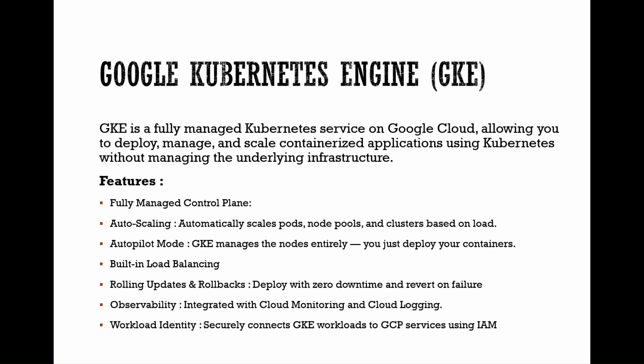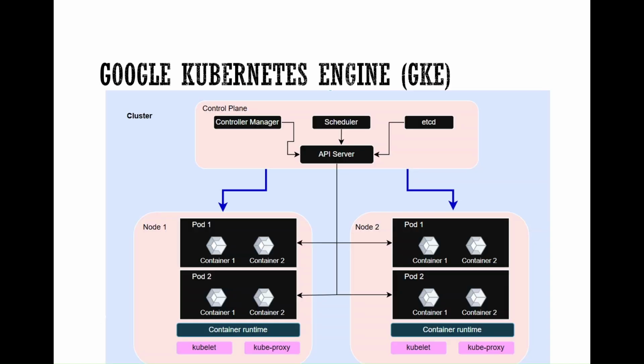So what's inside a GKE? Let's see. Take an example of a cluster. What is a cluster? Let's say it's an entire Kubernetes system: all nodes, networking, and the control plane and its components, all the things working together.